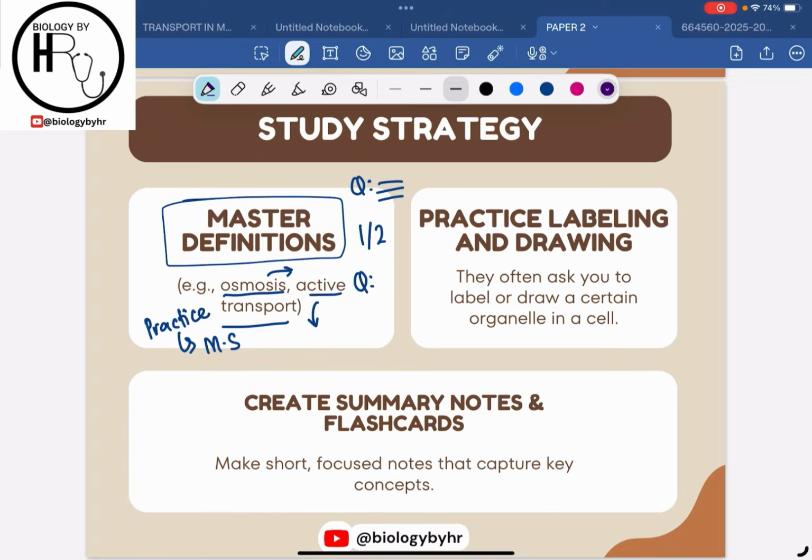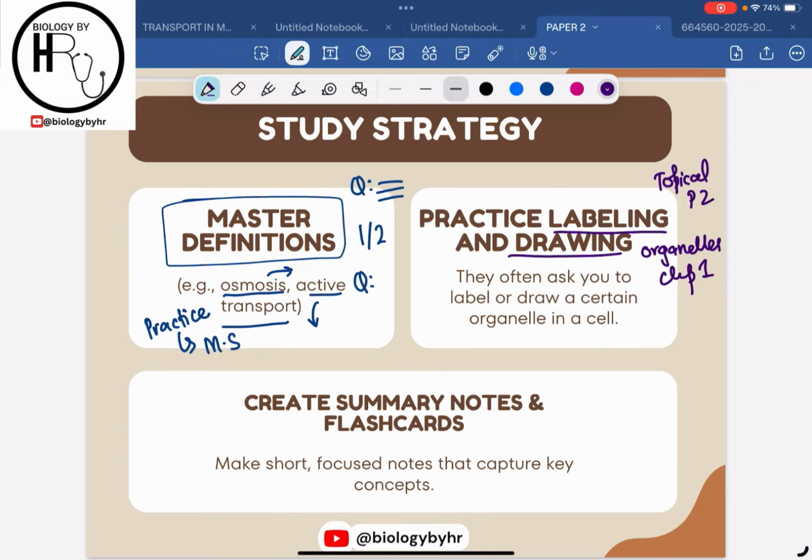Now if you guys have started solving paper 2, the topical paper 2, then you must have noticed that in certain questions the examiner has asked the students to label or draw certain organelles, especially in chapter 1. The topical past papers of chapter 1 usually ask us to label and draw certain organelles.